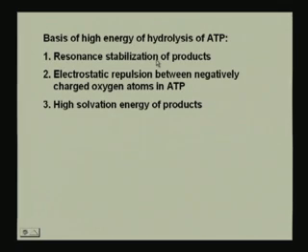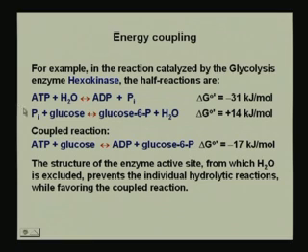Now, the reactions that require the breakdown of ATP are such reactions that are going to have a positive delta G by themselves. Okay? So, if we look at such an example, for example, the enzyme hexokinase.